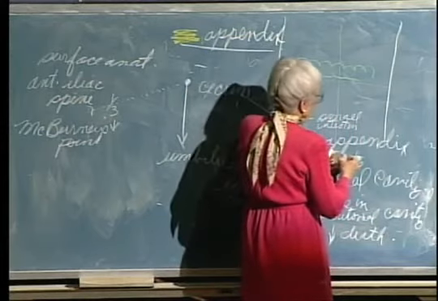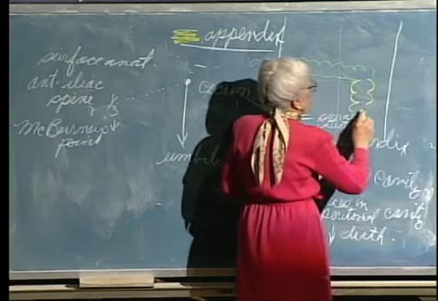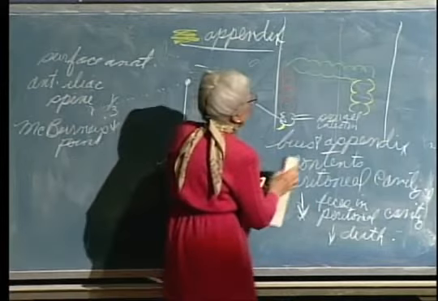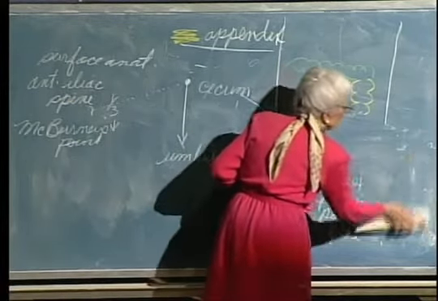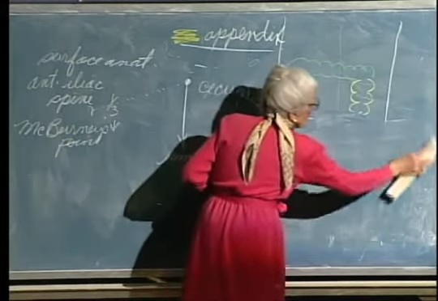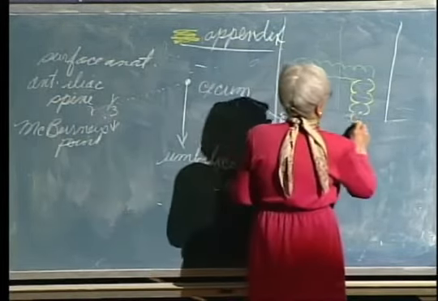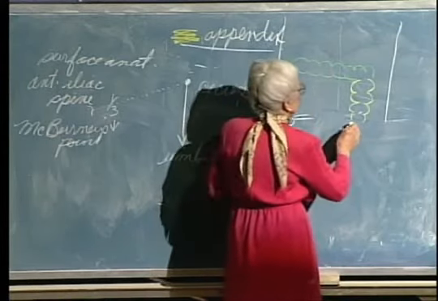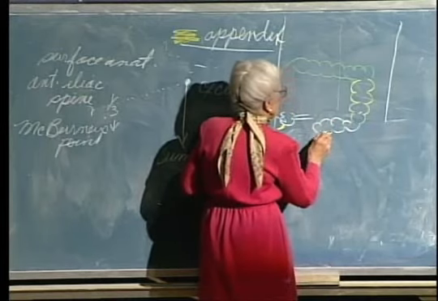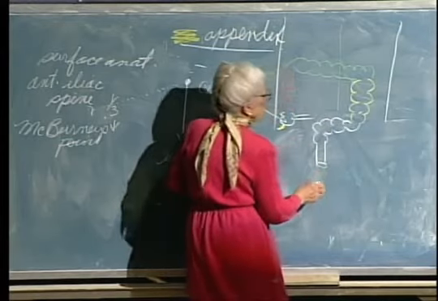And then it'll turn and go descending. And when it gets down to about the crest of the ilium, it will turn over and become sigmoid. To the midline, it's got to reach the midline, and then go into the rectum and into the anus.